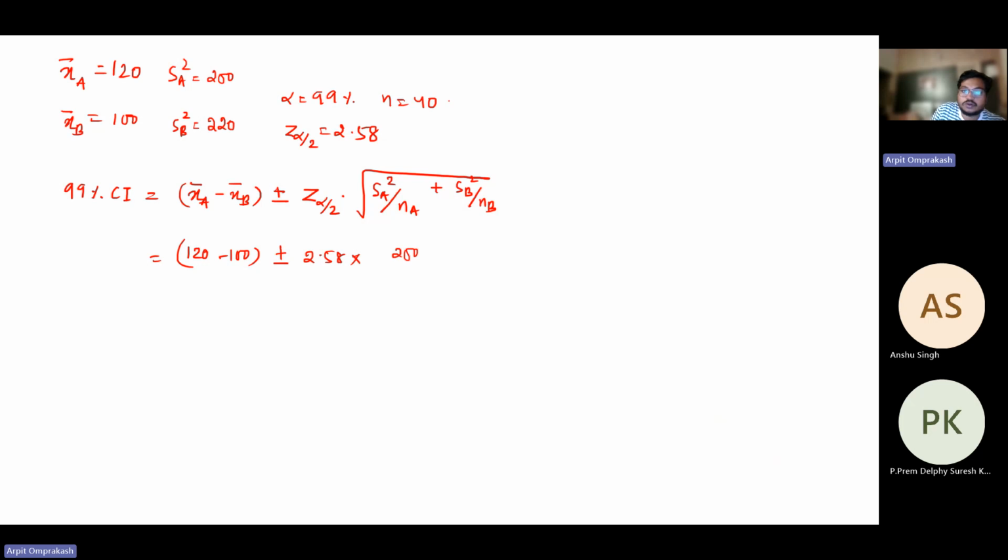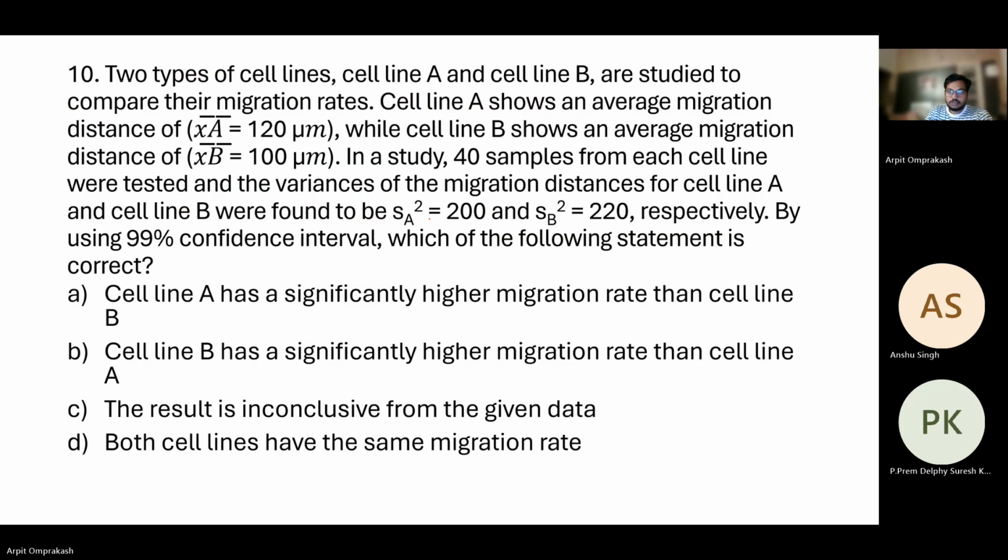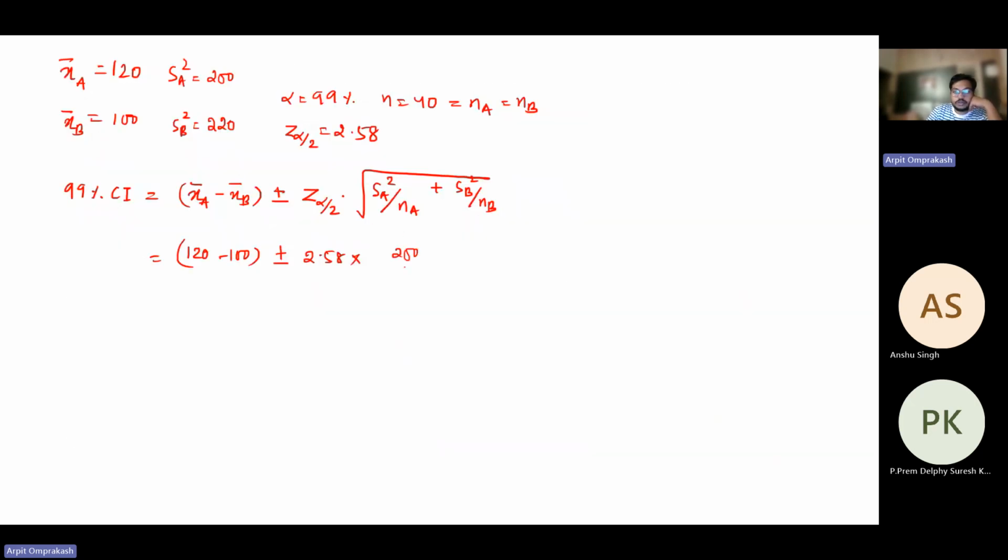Our NA is equal to NB is equal to 40 because from each cell line, 40 samples were tested. So this will be 5 and this will be 11 by 2, which is 5.5.